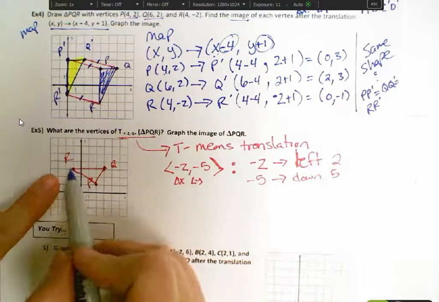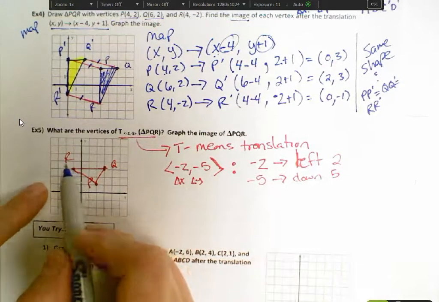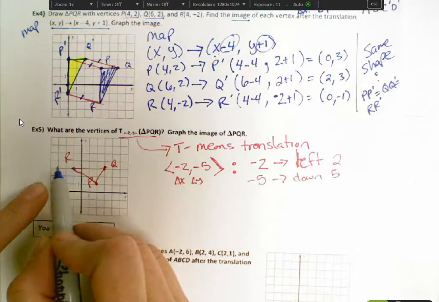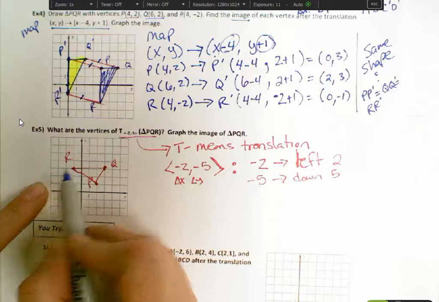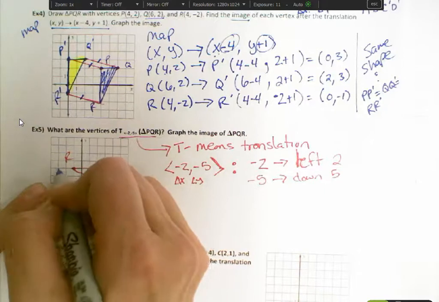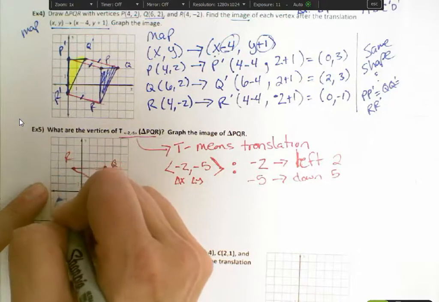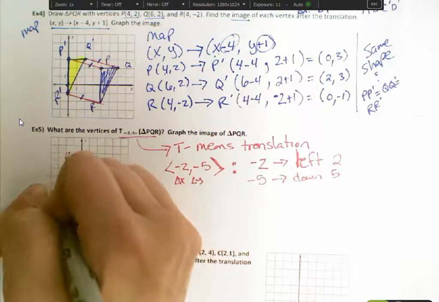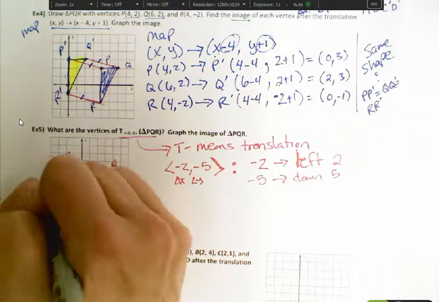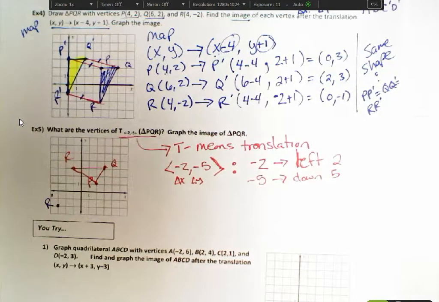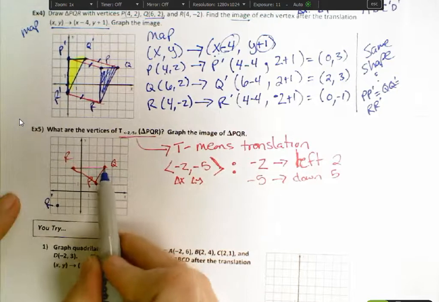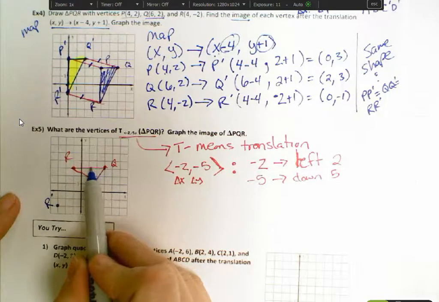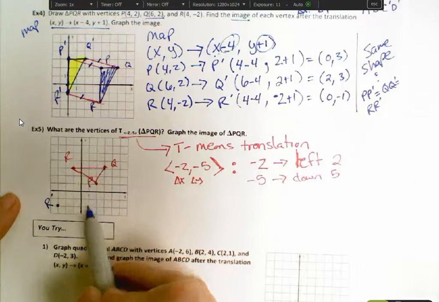So if I start over here, which happens to be R, doesn't matter where you start, I go left 2 and down 5. So here's 1, 2, 1, 2, 3, 4, 5. That's where my new R prime should be. Q, left 2, 1, 2, down 5, 1, 2, 3, 4, 5.